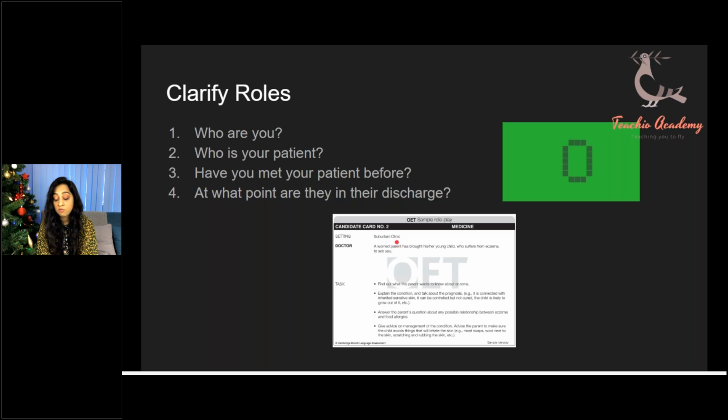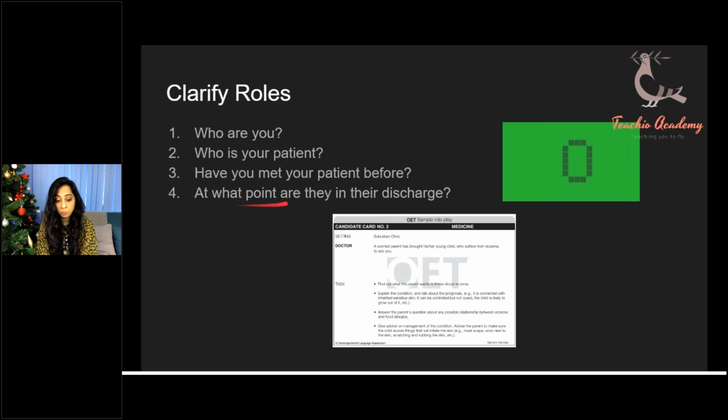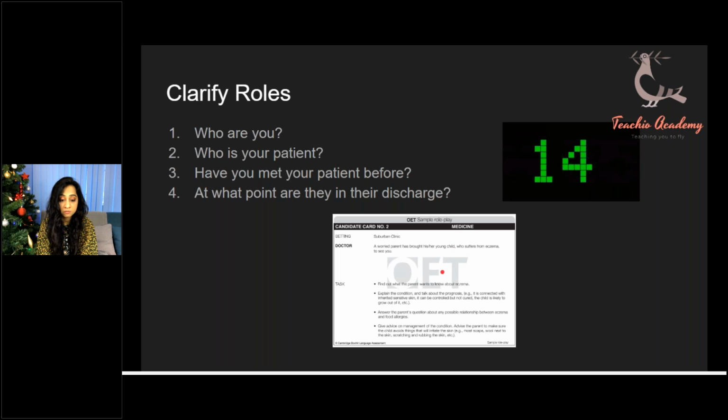This is a worried parent. Have you met your patient before? I don't think so, because this seems to be a new discussion, because they've brought their young child to see you. So it's not a follow-up visit, it's a new visit. At what point are they in their discharge? It's not really a discharge, this is a first visit.